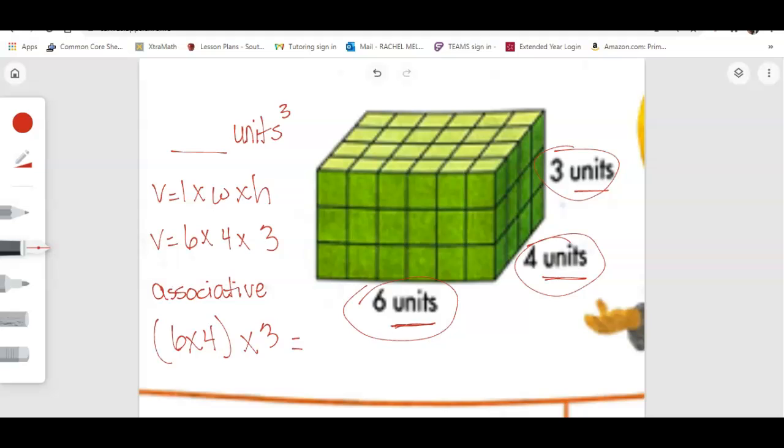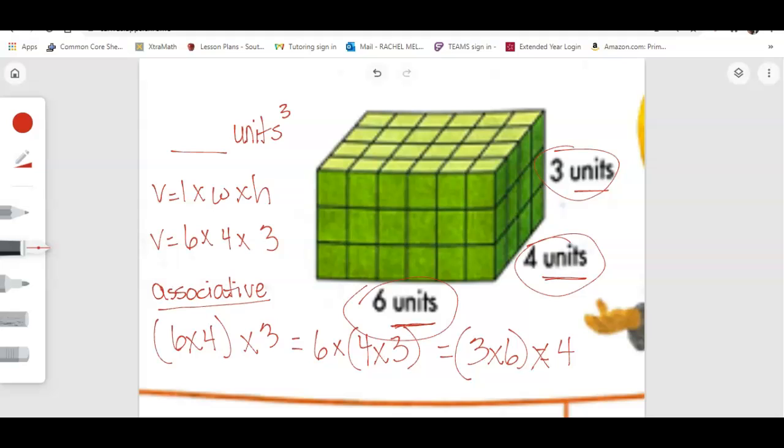I could do 4 times 3 and then multiply times 6. Remember when we talked about order of operations, the parentheses goes first, right? I could even do 3 times 6 first and then multiply times 4. So it does not matter which order I multiply these factors in because that's the associative property.